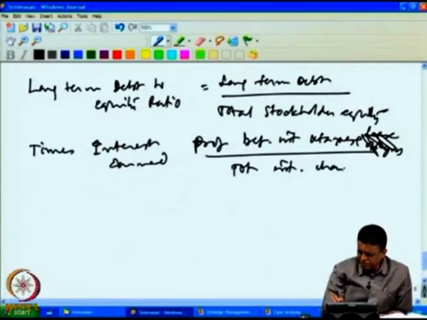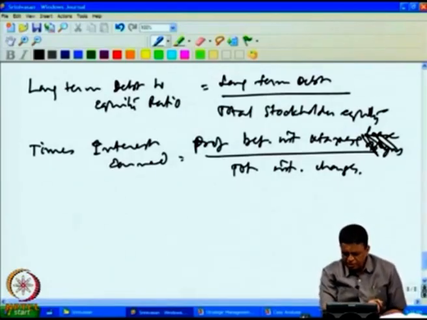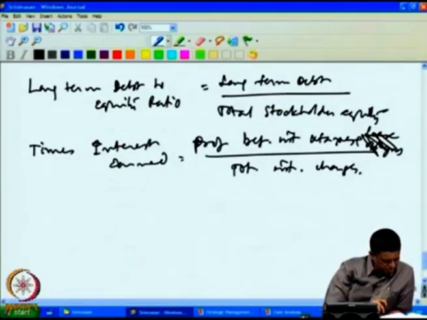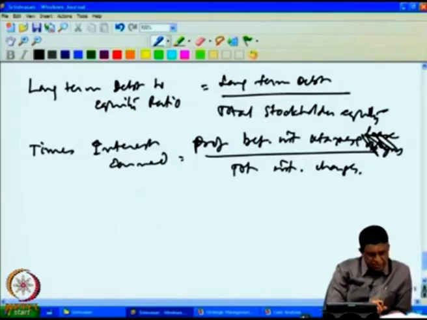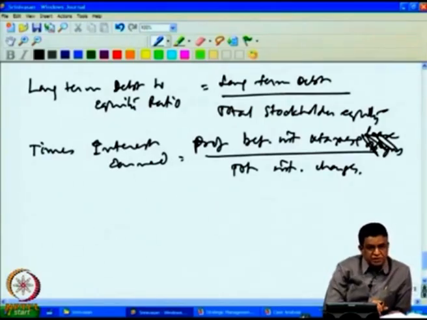So, we want to make this at this level a little simpler. The times interest earned is the profit before interest and taxes divided by the total interest charges. What does this give you? It measures the extent to which the earnings can decline without the firm becoming unable to meet its annual interest costs.